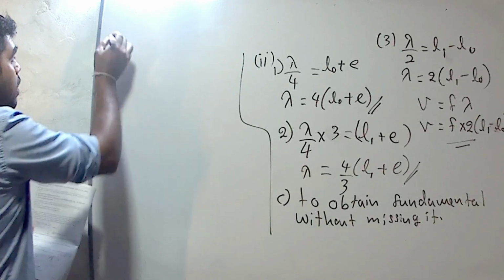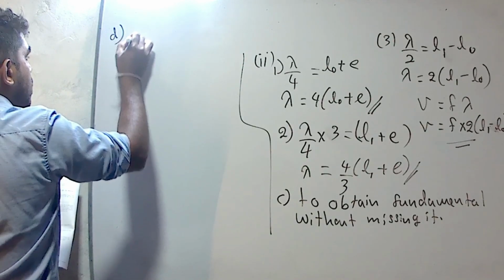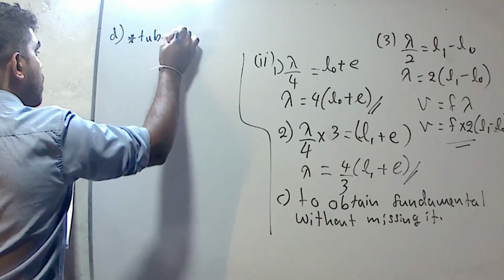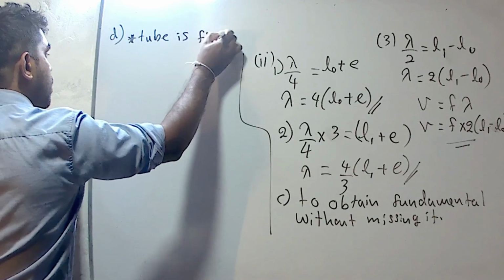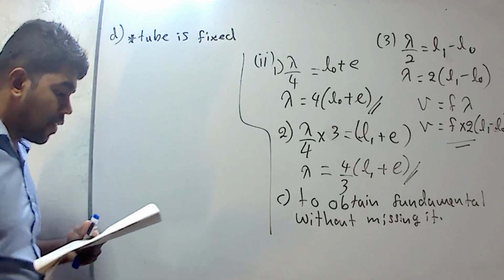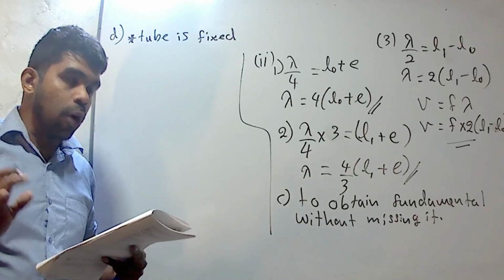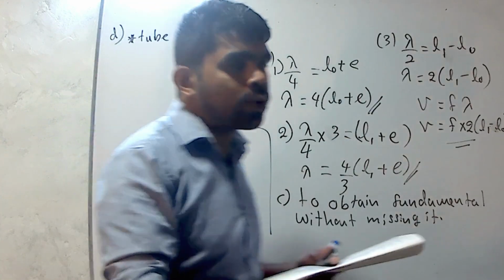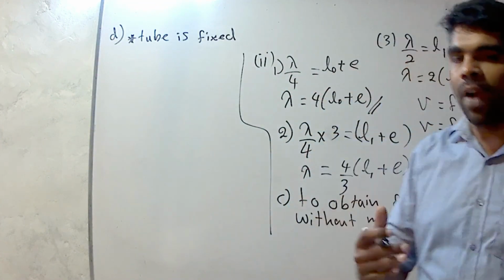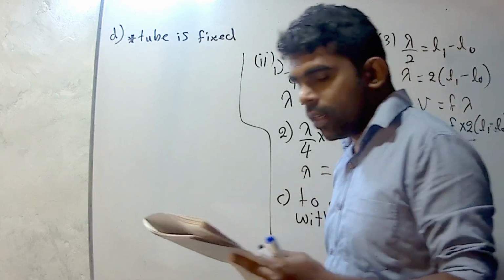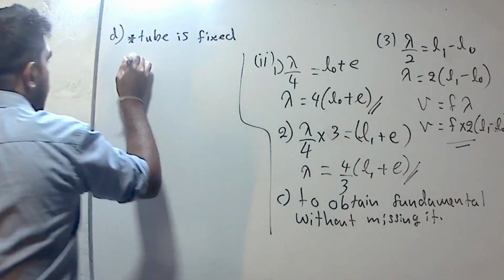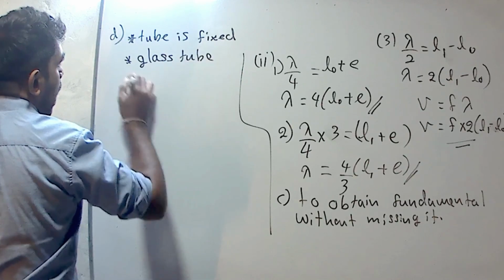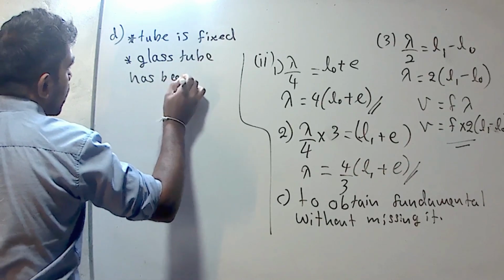Therefore, we can write the first difference: the tube is fixed. Then the second one, normally in the school laboratory, we are using a meter ruler to obtain readings. But in this one, there is a calibrated glass tube. Then we can write: the glass tube has been calibrated.